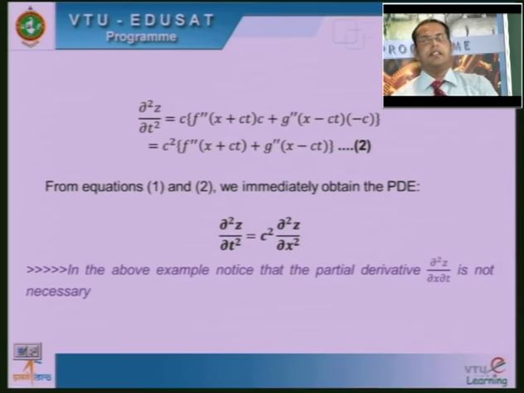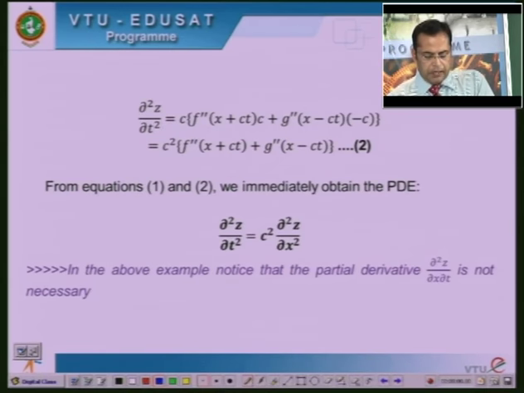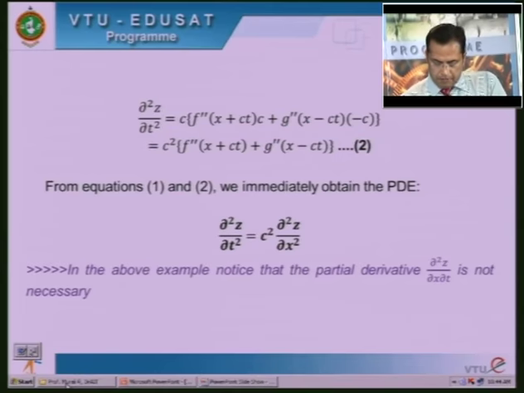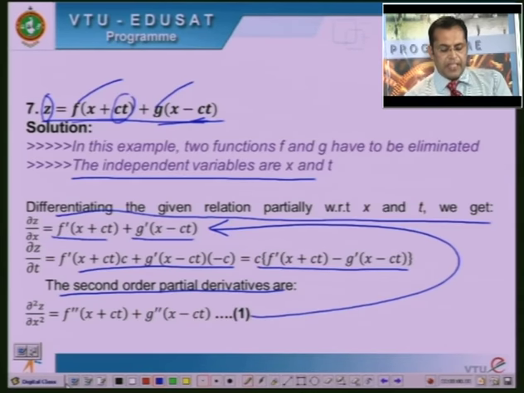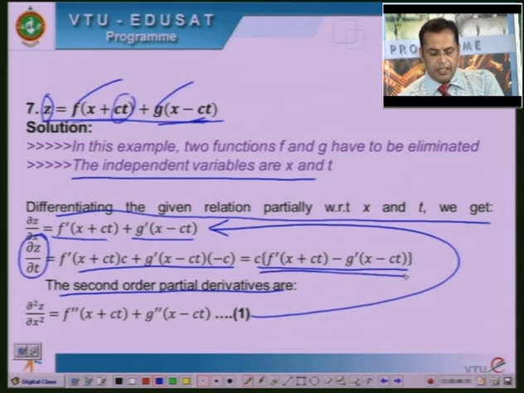Let us go to the next second order partial derivative, dou square z by dou t square, which is obtained by differentiating dou z by dou t here again with respect to t. So if you differentiate with respect to t partially, you get c into f dash of x plus ct transformed to f double dash of x plus ct into ct with respect to t, which is c, plus then minus g double dash of x minus ct into x minus ct with respect to t, which will be minus c.